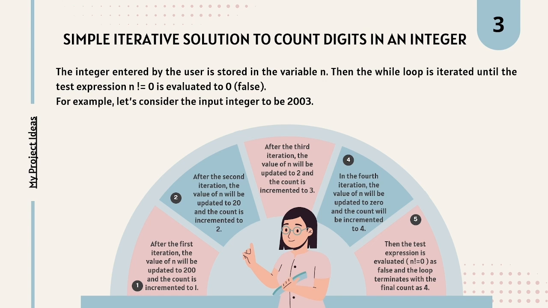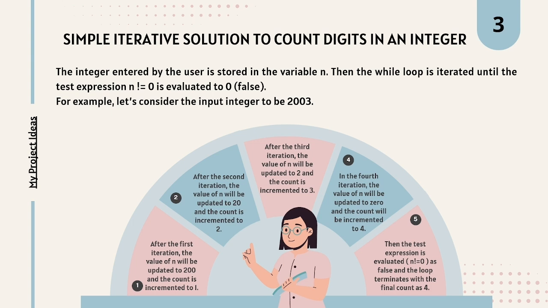For example, if your number is 2003, in the first iteration, the 3 will be counted and then the 3 will be eradicated from 2003, and it becomes 200. In the second iteration, 0 and 3 are gone and 20 is left. There will be a count variable which will count the number of digits. Initially count is 0. In the first iteration count will be 1. In the second iteration count will be 2.